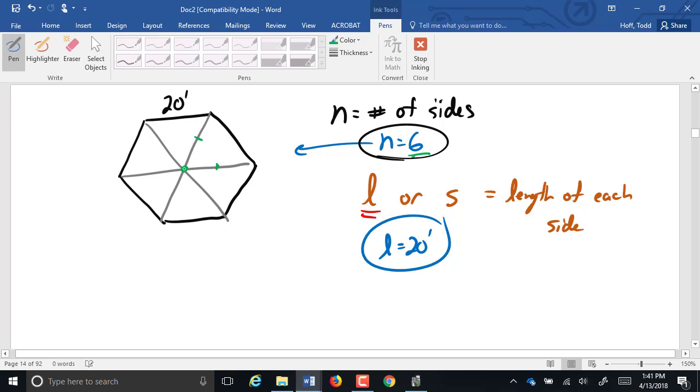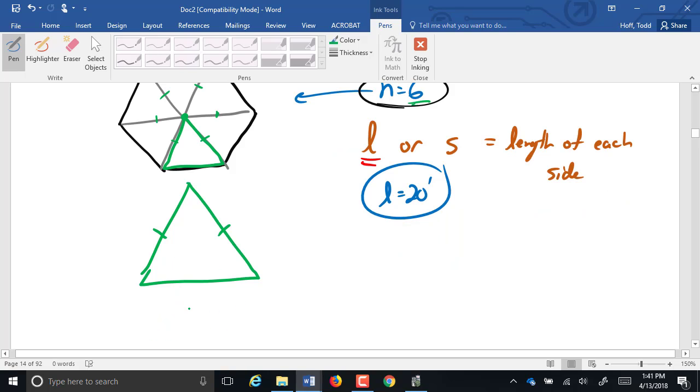All these lengths from the center out are the same, no matter which direction you go. So I want to take a look at one of these isosceles triangles for right now. Here, these two sides are the same, and this side down here is equal to L, or 20 feet in this case.